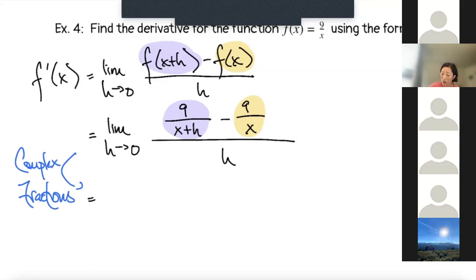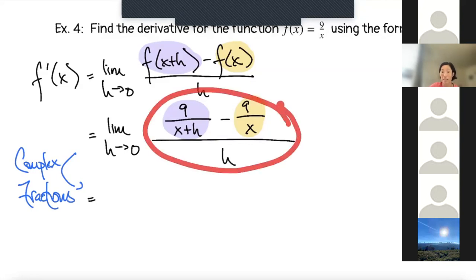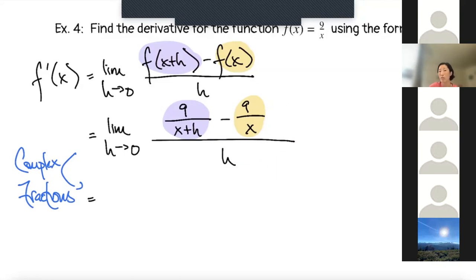So even though this looks a little bit different, in some ways it is very similar to those skills that I would make sure you know how to do really well for Thursday's exam. Okay. So I will tell you that at the end, you should have an answer of -9/x squared. Okay. At the end, you should end up with -9 over x squared.